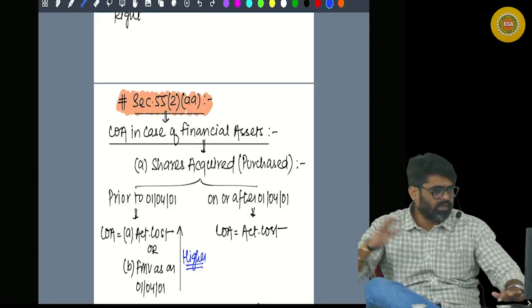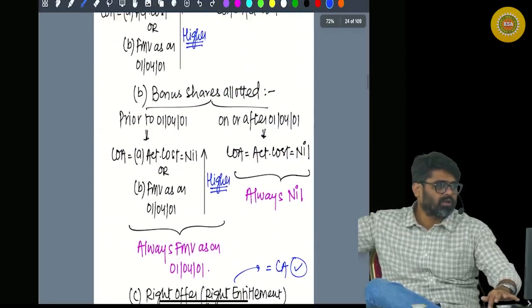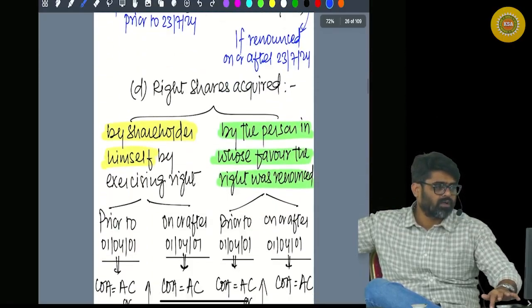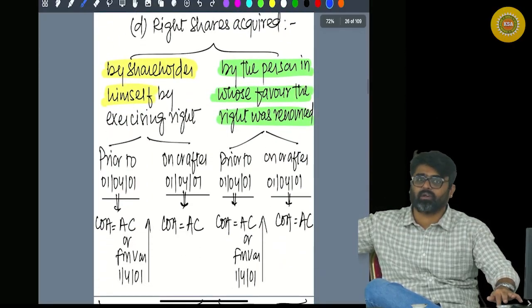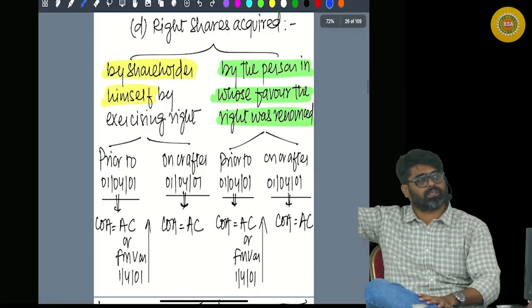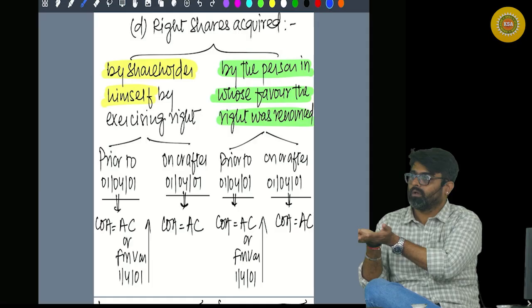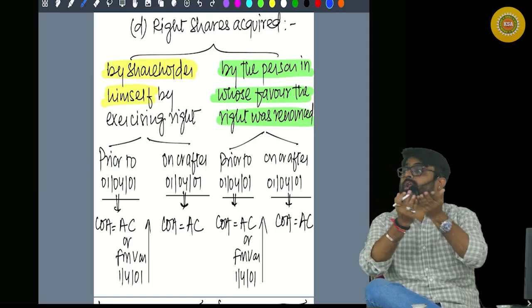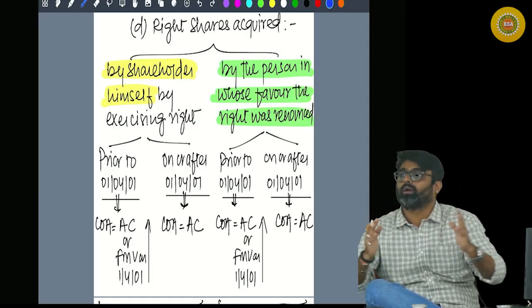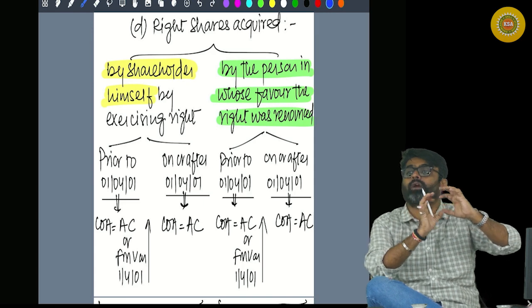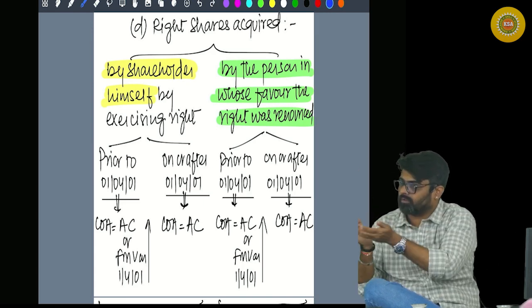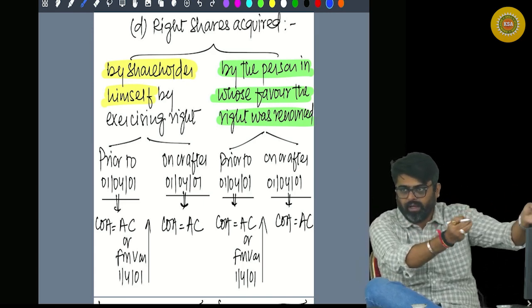Cost we know, this or this or this. This will be the cost, yes or no? So whether purchased shares, bonus shares or right shares, cost we know. And if the period from date of purchase to date of sale is 12 months or less, the cost will be reduced without any indexation.